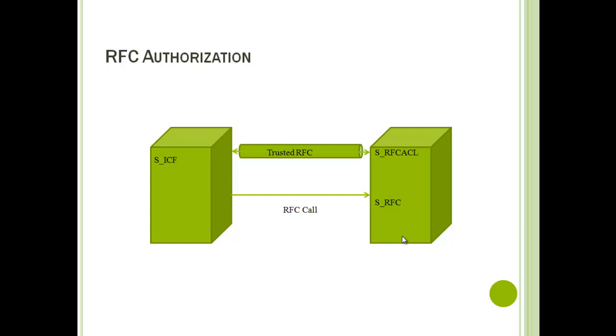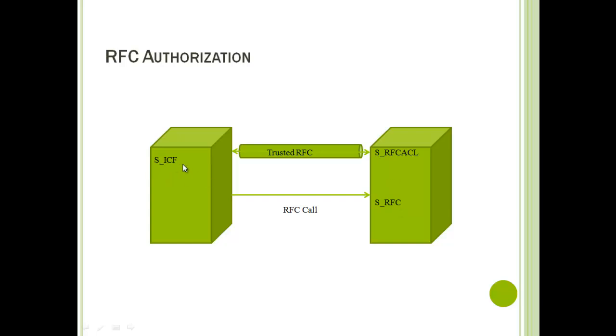Now let's come to RFC authorization. We have three main authorization objects for RFCs. First one is S_ICF, second one is S_RFCACL, and third one is S_RFC.